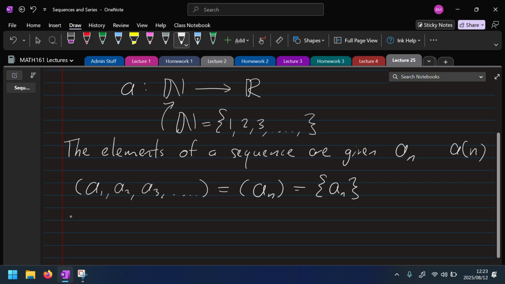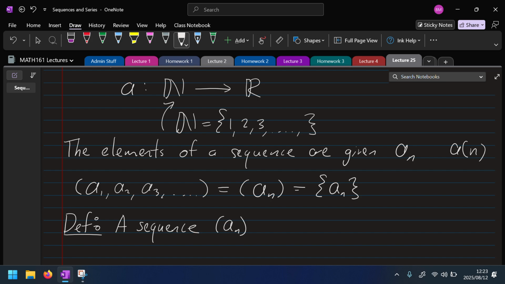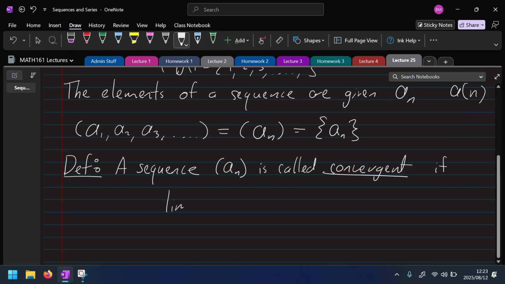Some terminology now. Definition: a sequence a_n is called convergent if we can take the limit as n goes to infinity of our a_n and we get some number L that is less than infinity, so some finite limit.